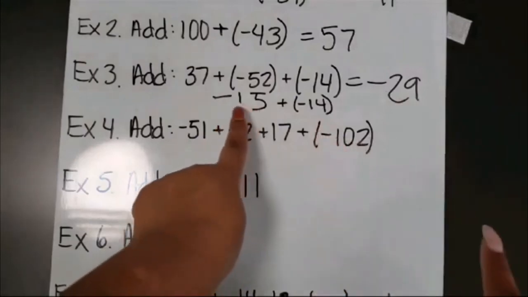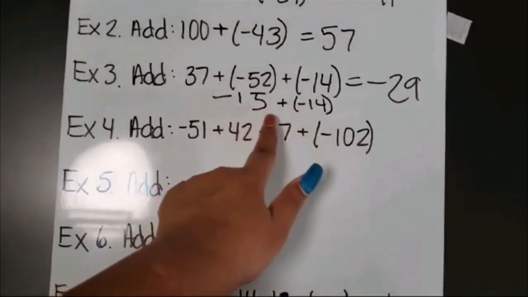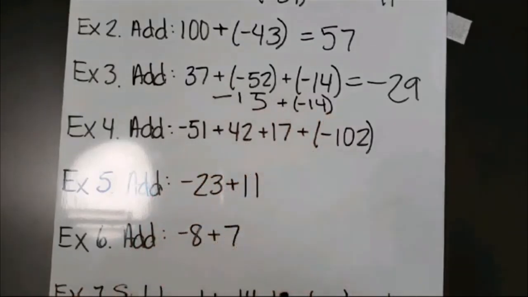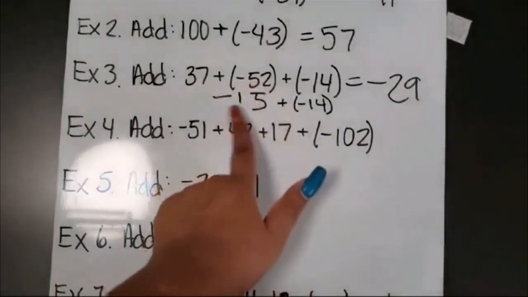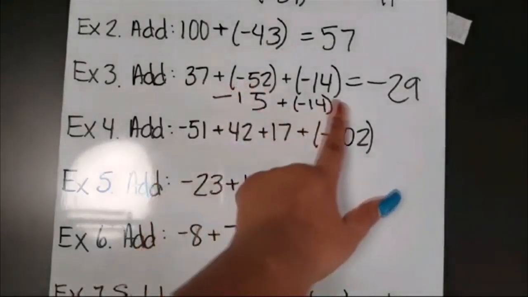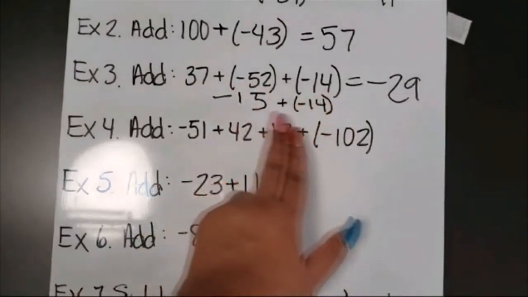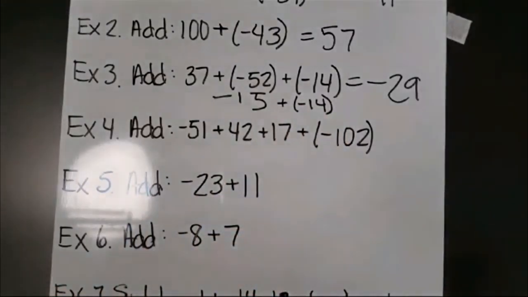And this is like the one that I asked you guys about, where we have negative 15 plus negative 14. It's basically like your bank account is already in the negative and you're adding more negative to it. So you'll take that 15 and that 14, add them together, and you'll have negative 29.